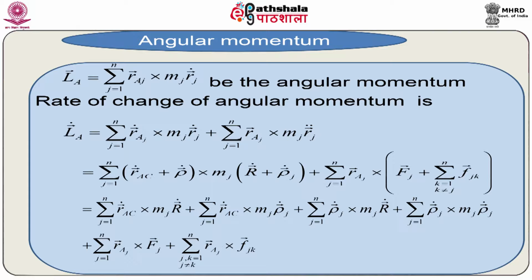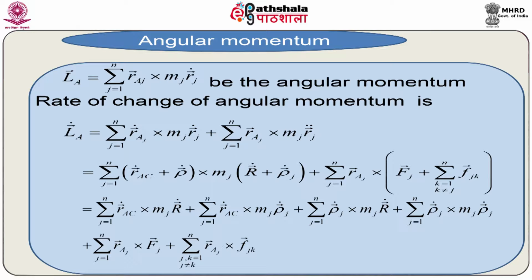Now, let us discuss angular momentum. Let L_A vector be the angular momentum of the system of particles with respect to the point capital A. As angular momentum is the moment of linear momentum, it is given by this one, the cross product of the linear momentum with the distance.